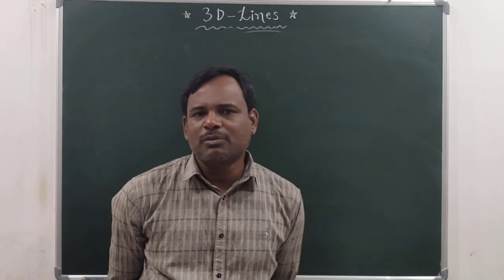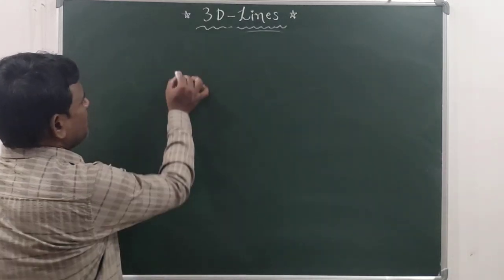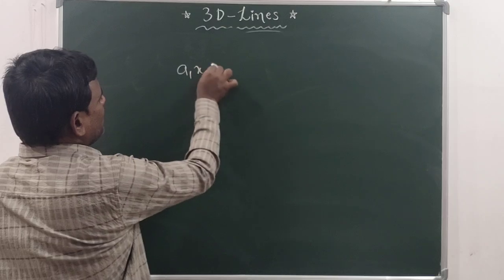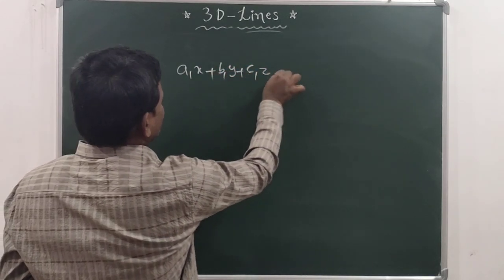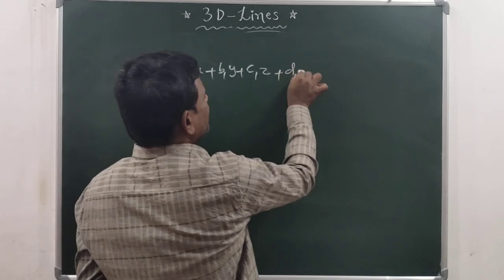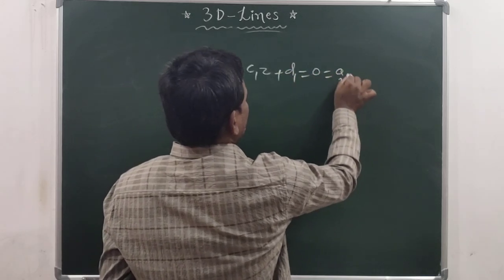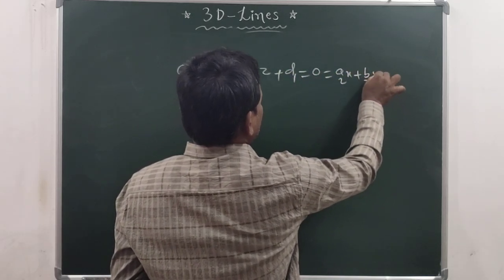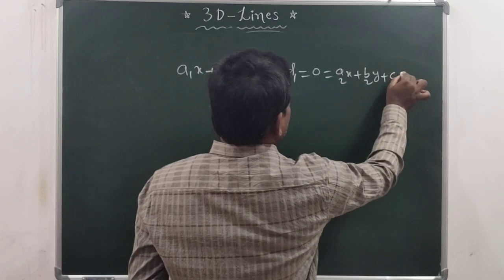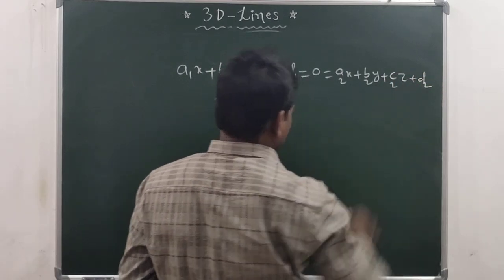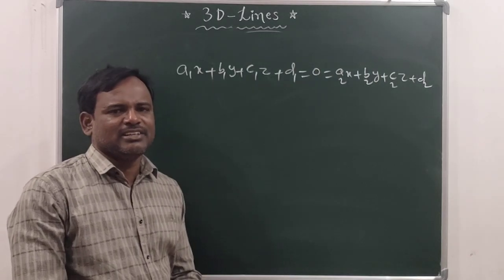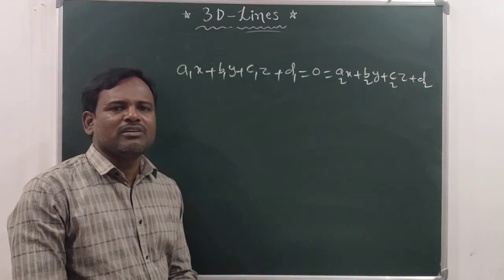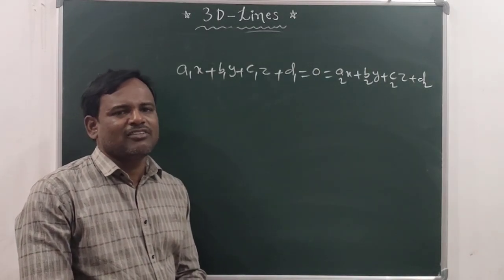So first, what is our primary duty? They will give you unsymmetrical form of a line like this: a1x plus b1y plus c1z plus d1 equal to 0, and a2x plus b2y plus c2z plus d2. This is the unsymmetrical form of a 3D line. Now which we have to convert into the symmetrical form.